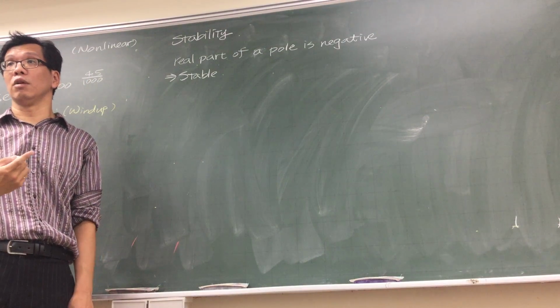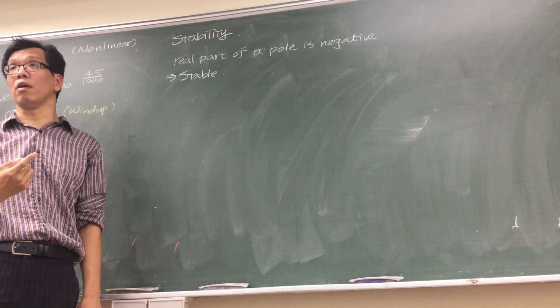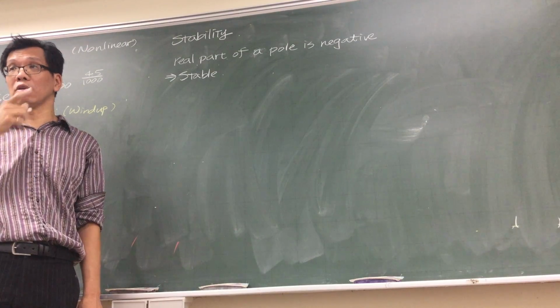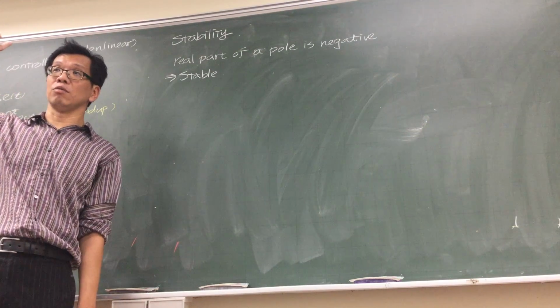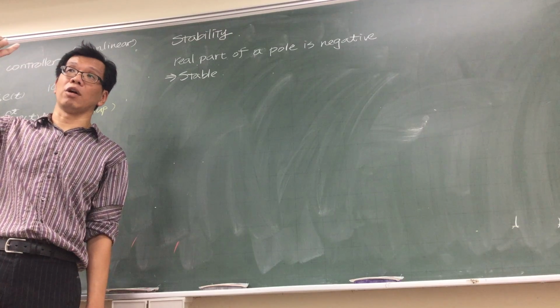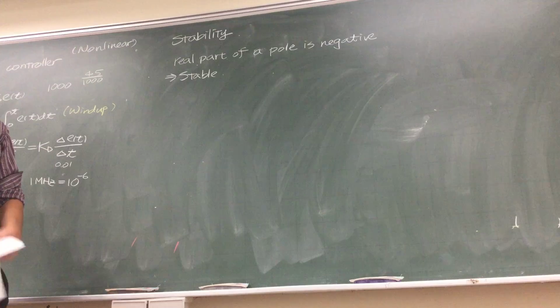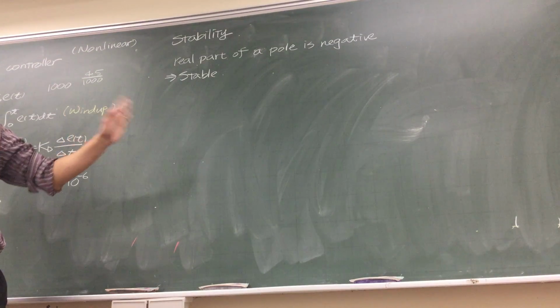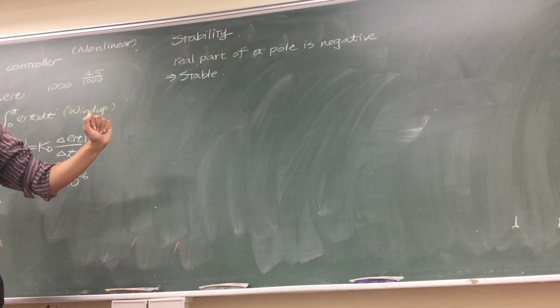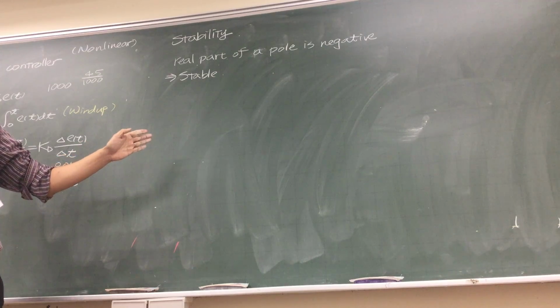That is something we learned so far. Because if your pole is positive, it means that you're going to have divergent response. It doesn't matter if you are having an impulse input or a step input. When you have a pole located on the right hand side, your system is unstable. So stability is based on that.